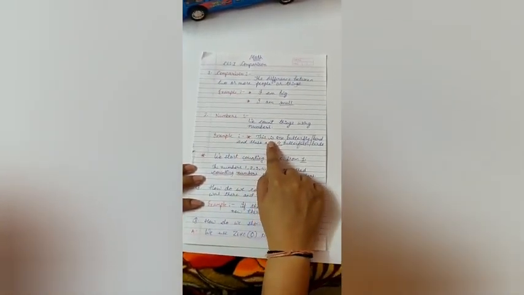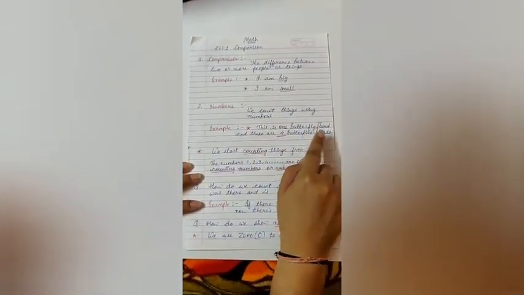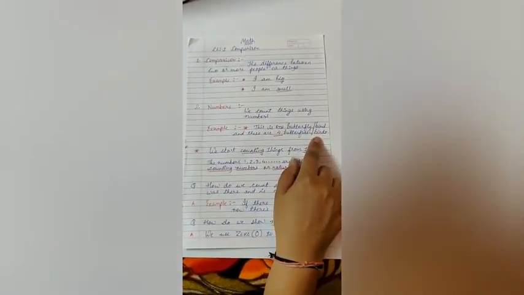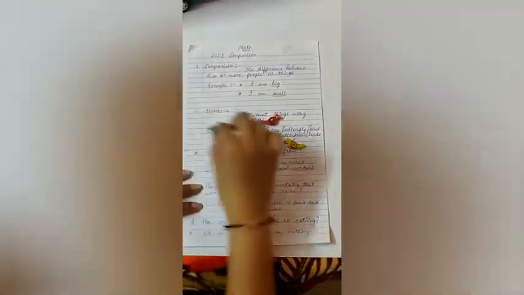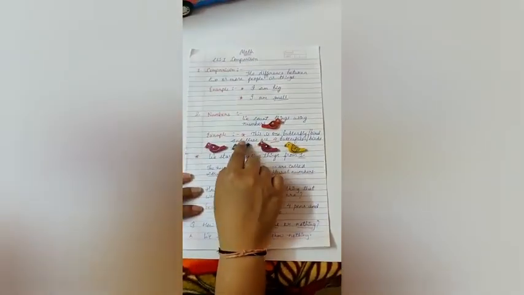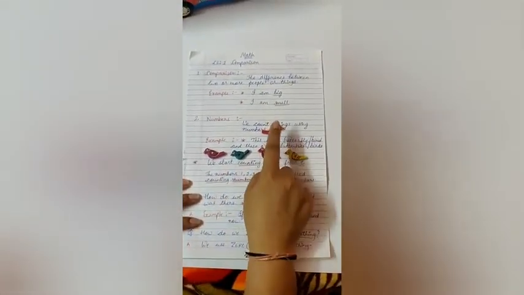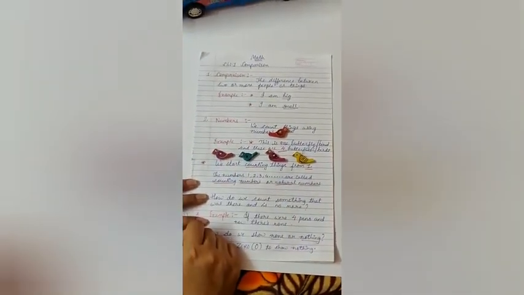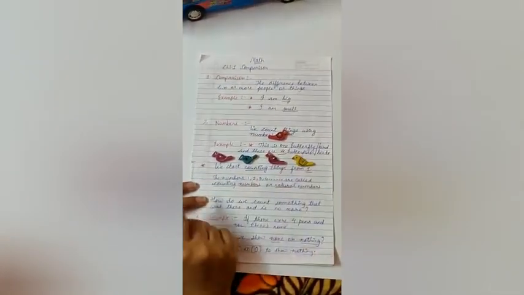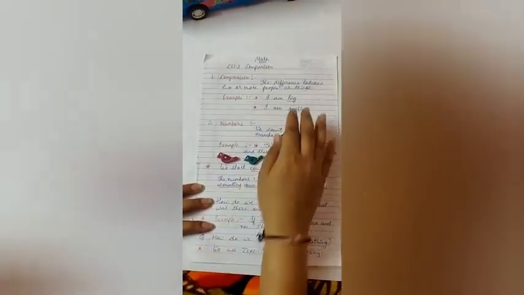For example, this is one bird and these are 4 birds. 1, 2, 3 and 4. If we want to count all together, how are we going to start? We will start from here. 1, 2, 3, 4 and 5. So in total how many birds are there? 5 birds are there. So when we want to count anything, we use numbers.